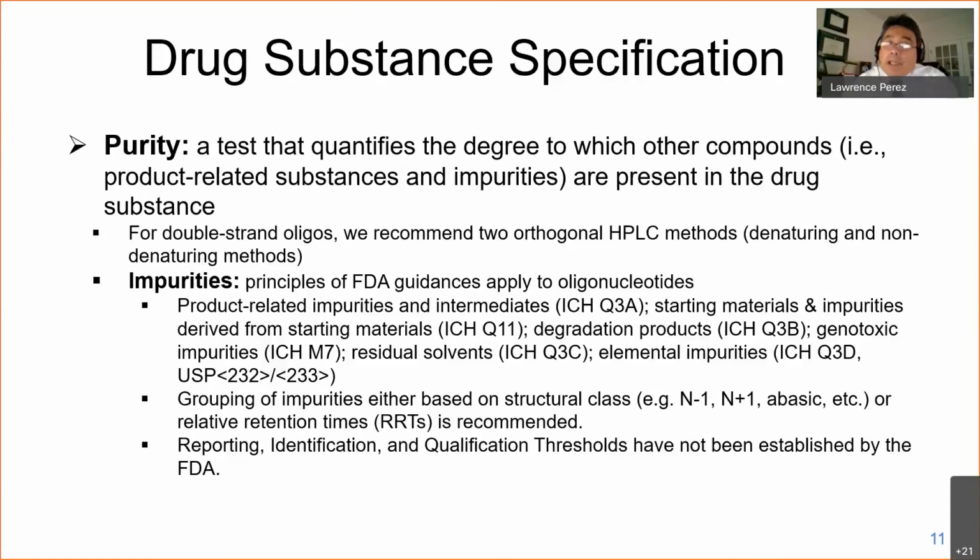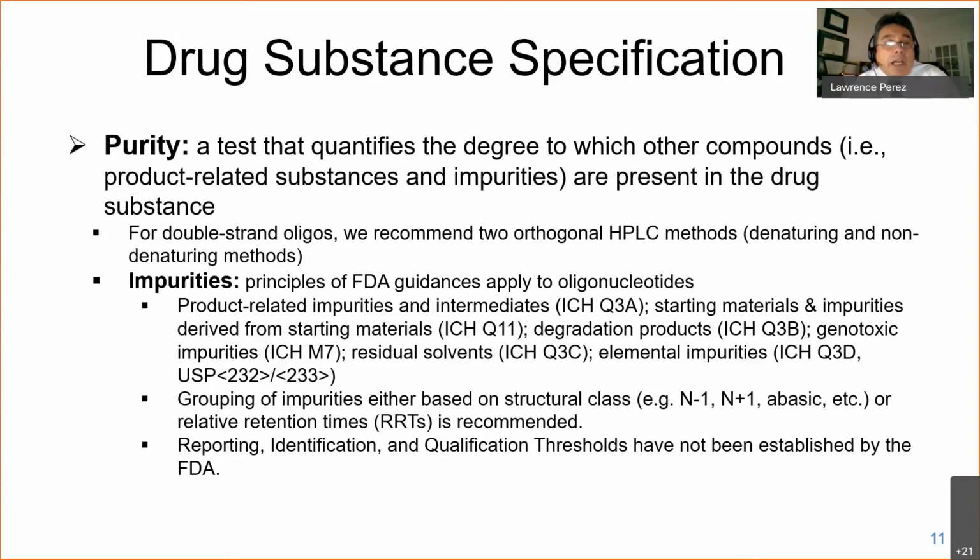And lastly, it bears repeating that we do not have the same types of guidances for oligos that we have for low molecular weight therapeutics. At this time, the thresholds that have been used for low molecular weight therapeutics, such as for reporting, identification, and qualification, have not been set by the FDA.